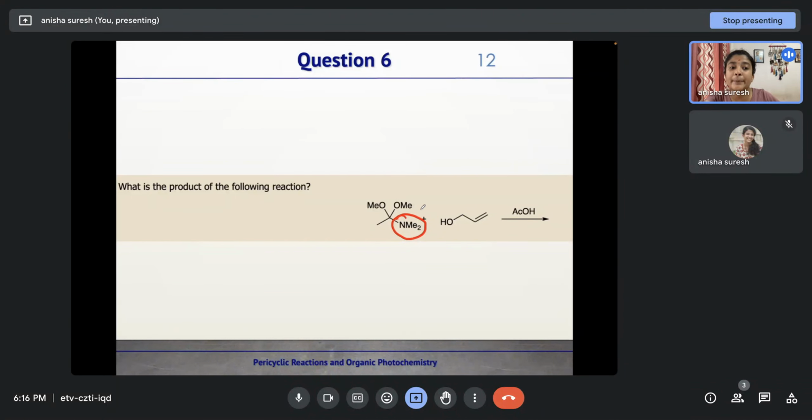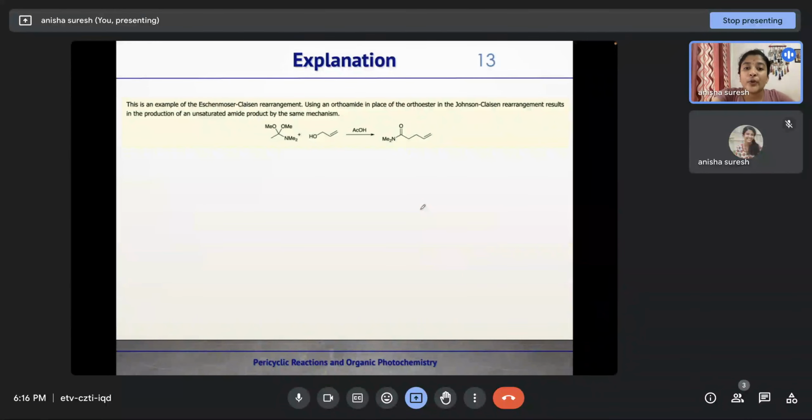So what will be the product that we will be getting? Following the mechanism that we have seen previously, this will be the product that is resulting. We will attempt the mechanism again. So we are having a ketal like this in the presence of acetic acid.